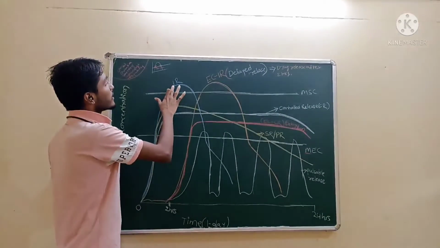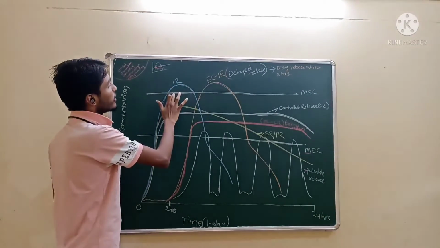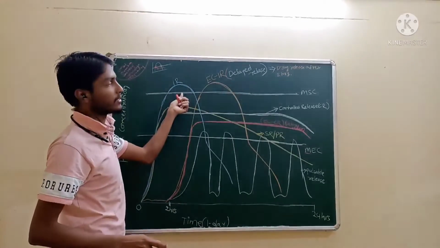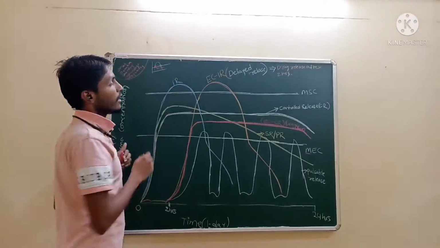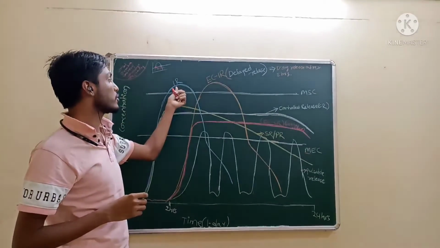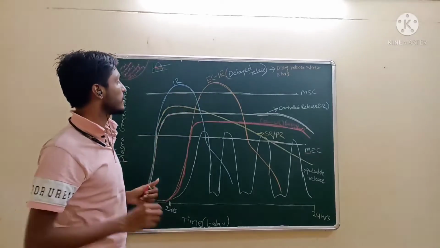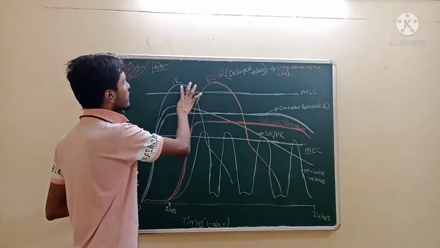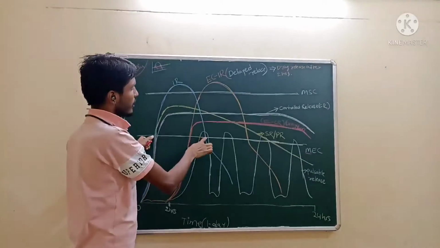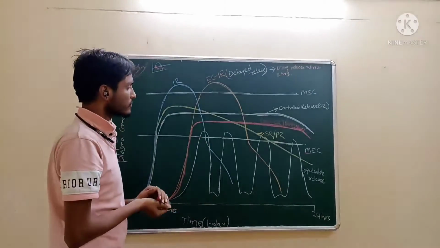If any drug concentration reaches this line, we call it the maximum safe concentration. Above this line, all the drugs will show dose dependent side effects. This crossing of these lines gives side effects. Starting lines, onset of action. In between two lines, duration of action.